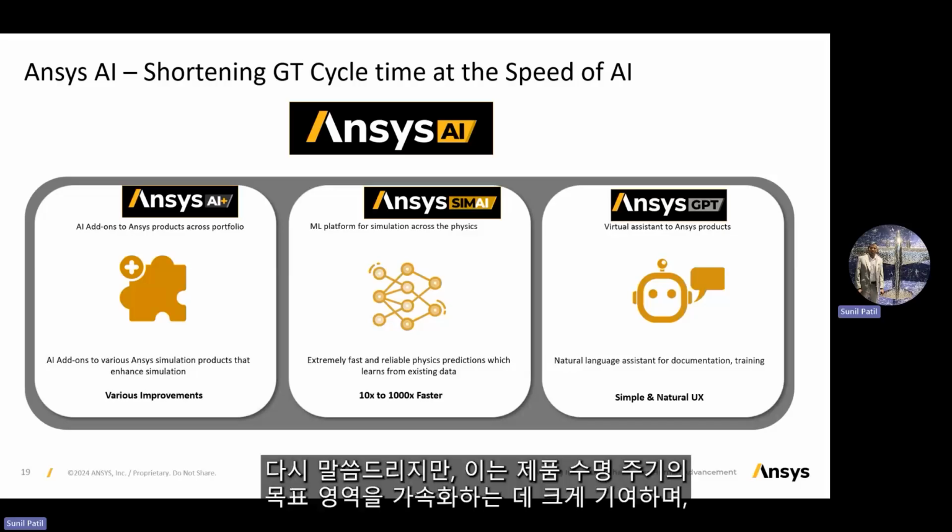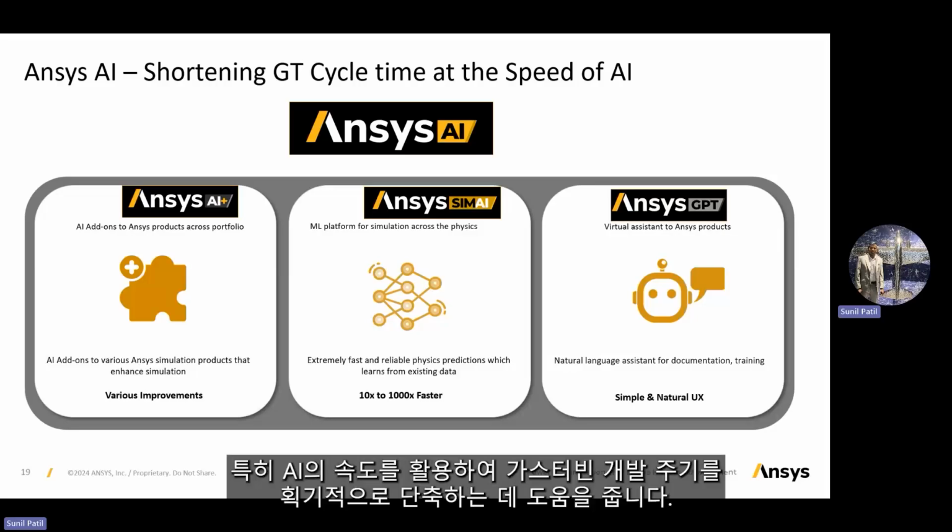And again, as I mentioned several times, that really helps to accelerate the targeted portions of your product life cycle, which really helps to shorten the gas turbine cycle time substantially at the speed of AI.